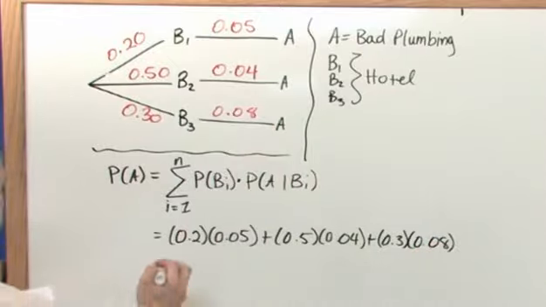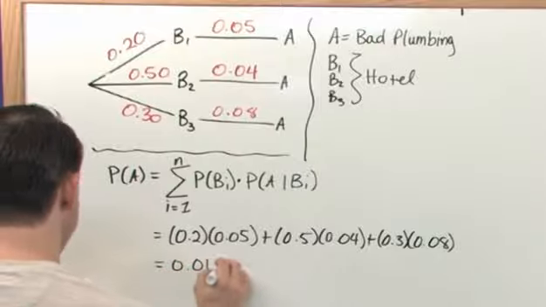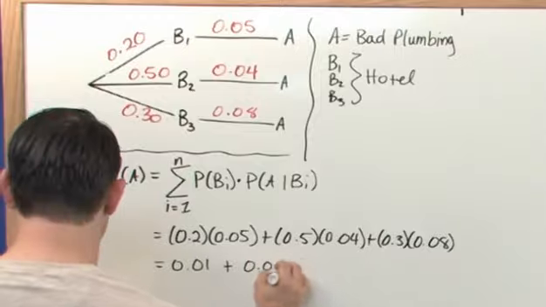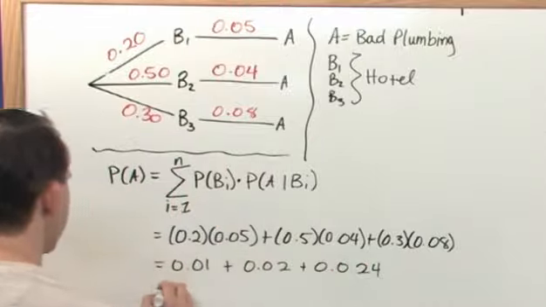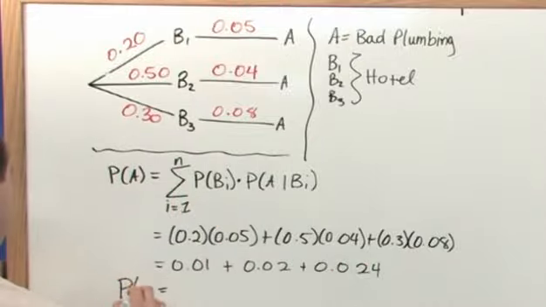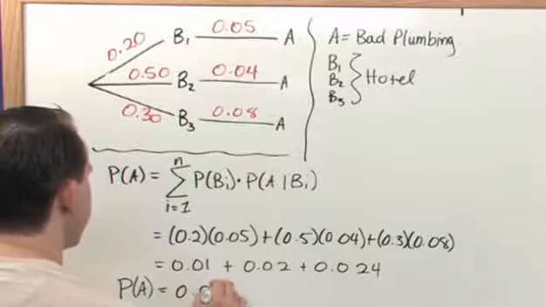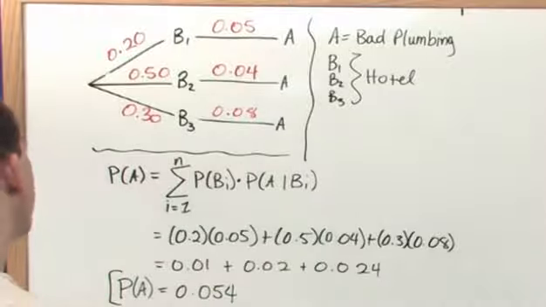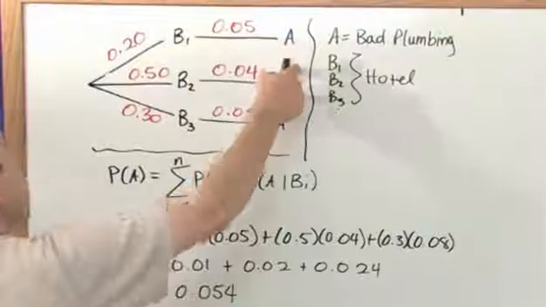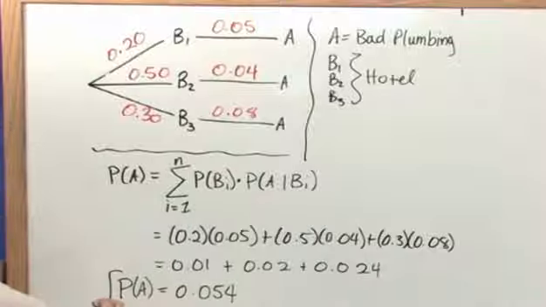And then when you do all this math, you get 0.01 plus 0.02 plus 0.024. And then when you add all these things up, the probability that a person has bad plumbing in your family is 0.054. So you see, once you know what to do, the math actually isn't hard. You just go along each path, multiplying and adding and getting the probability accordingly.